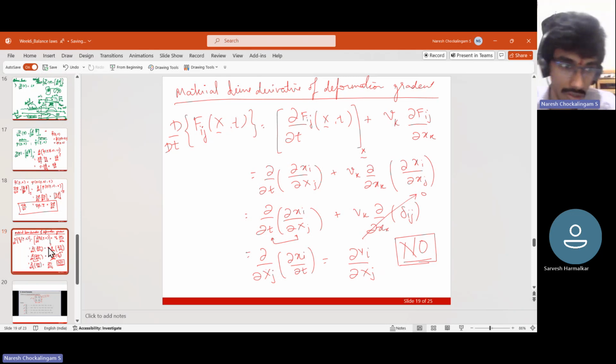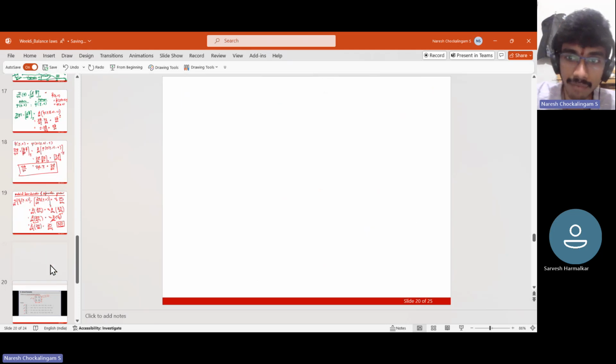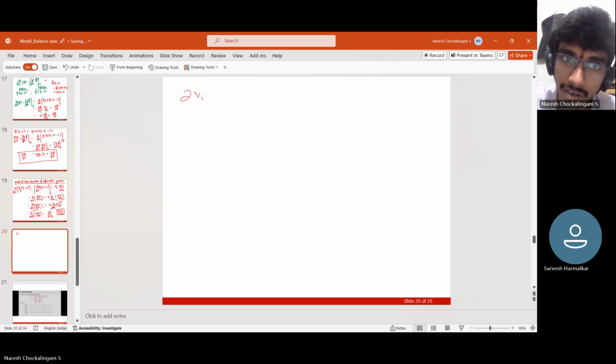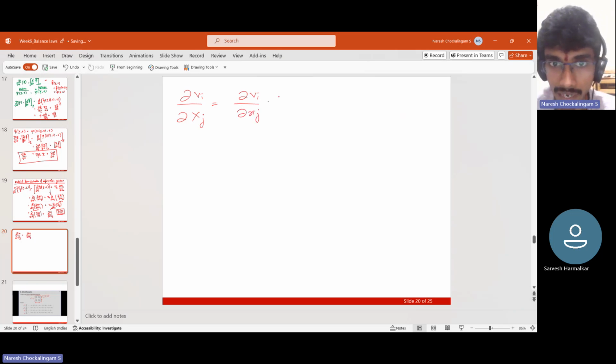So again, to do this, use the chain rule. It's just one step. Dou vi by dou capital Xj is nothing but dou vi by dou small xk multiplied with dou small xk by dou capital Xj. So use the chain rule. Now we get it. What is the first term?